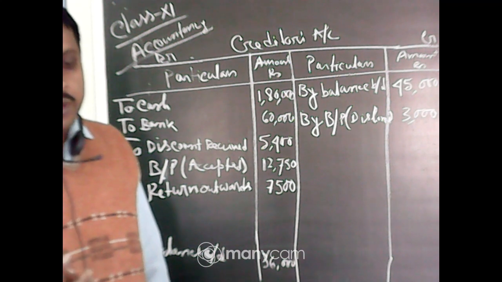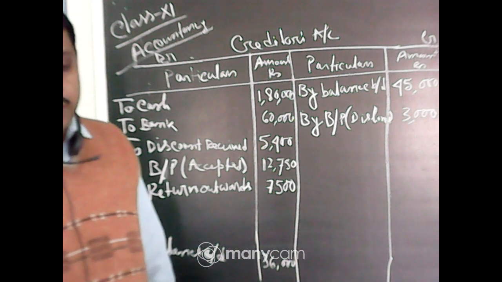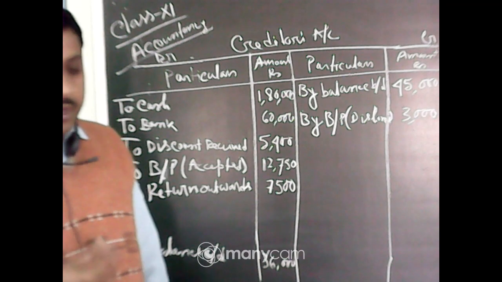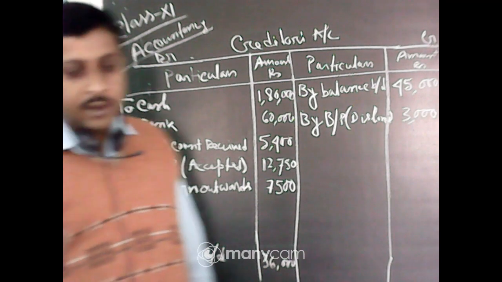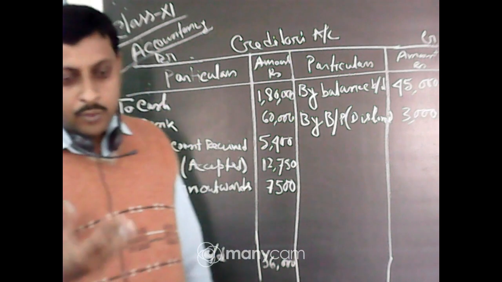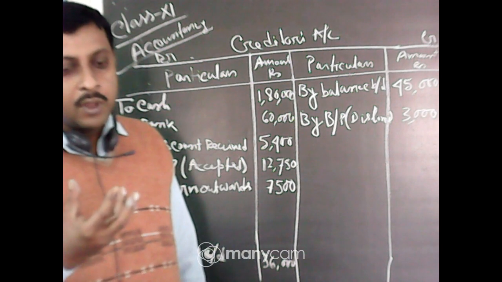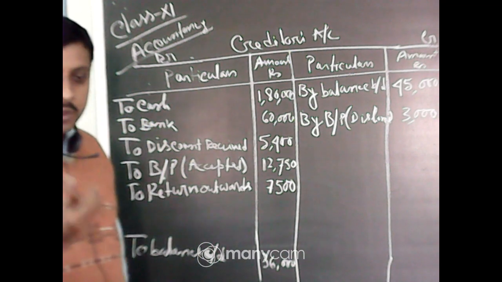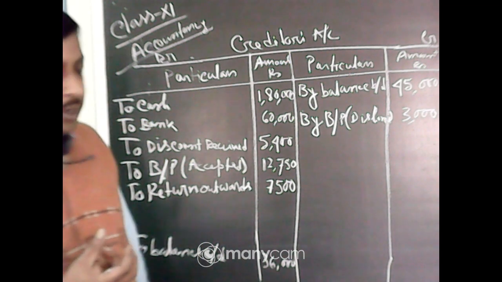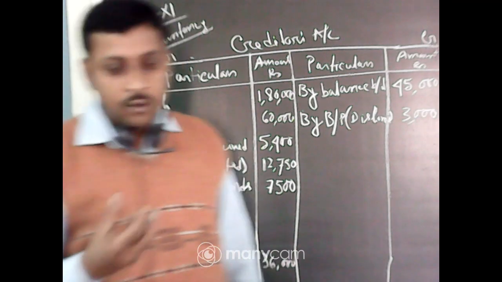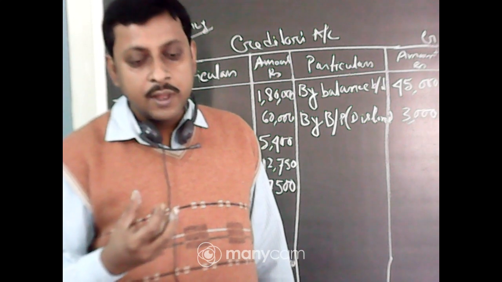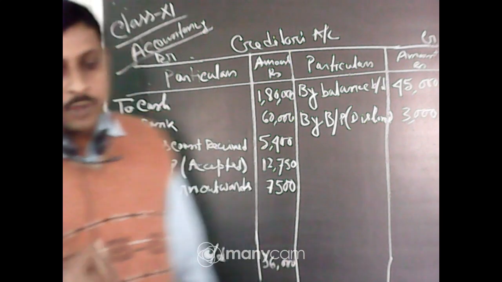Now this bill you can endorse, you can transfer to your creditor, and the creditor directly gets the amount from the debtor. A bill is a negotiable instrument, so whoever is holding the bill is entitled to the right to receive the money.